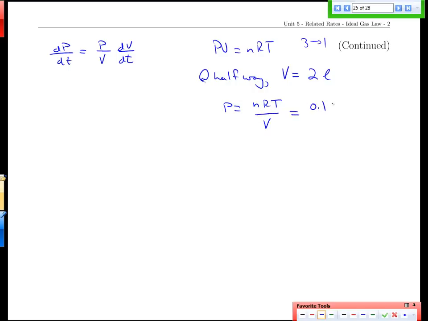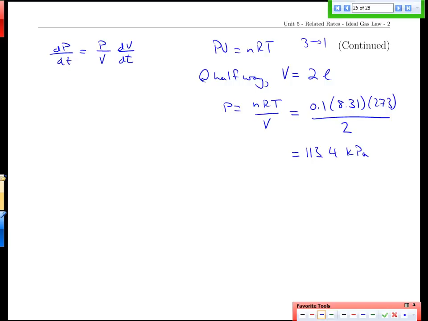We had 0.1 moles. R in the units we're using is 8.31. Our Kelvins are 273, and our liters are 2. And so our pressure here can be calculated as 113.4, and the units here would be kilopascals to go with this form of R.